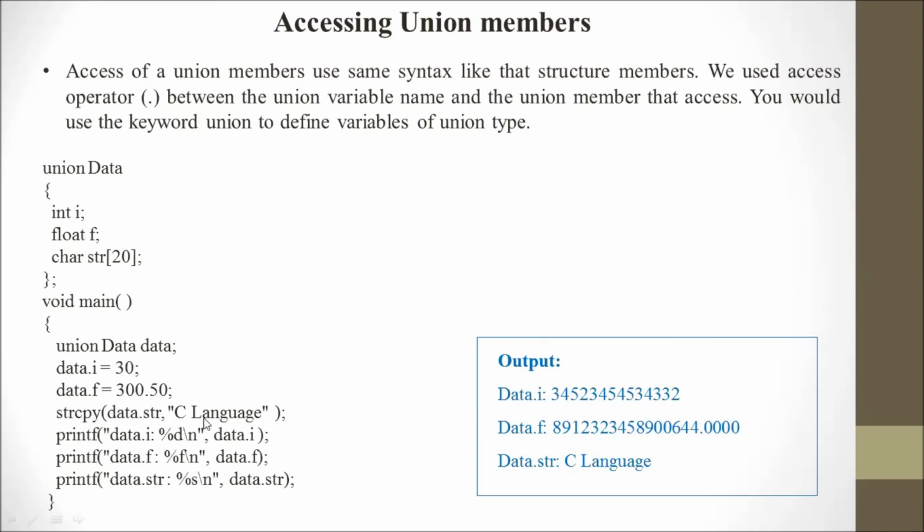So the pointer or controller remembers this value. So this value will print, data string C language. So the previous value will not print, because in a union we manipulate the data one at a time. Okay, so the last value will print. Okay, so the previous value will print as a garbage value.